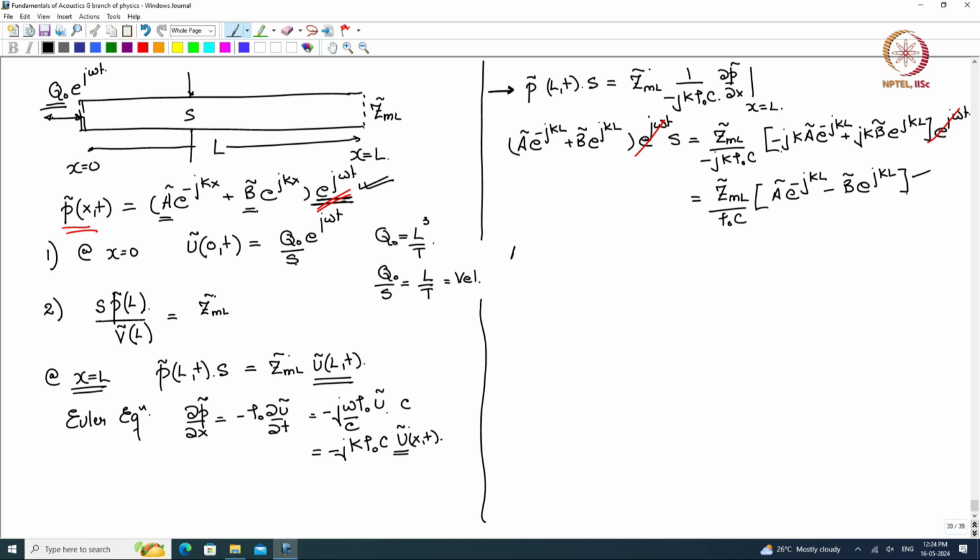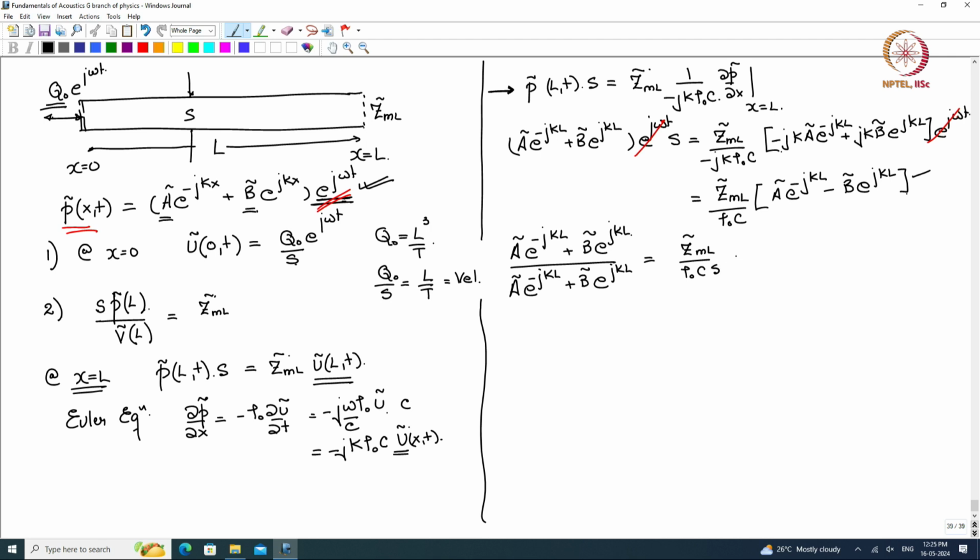I have A tilde e to the power of minus j k L plus B tilde e to the power of j k L, by A tilde e to the power of minus j k L minus B tilde e to the power of j k L, into S is equal to, or let me bring the S down here, is equal to Z tilde m L by rho 0 c S.